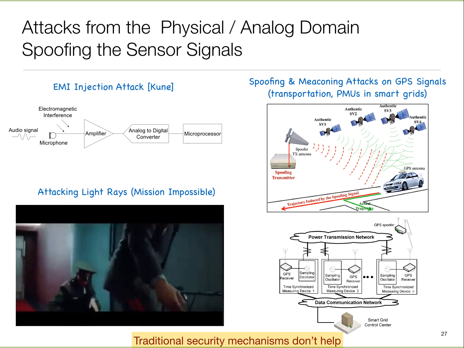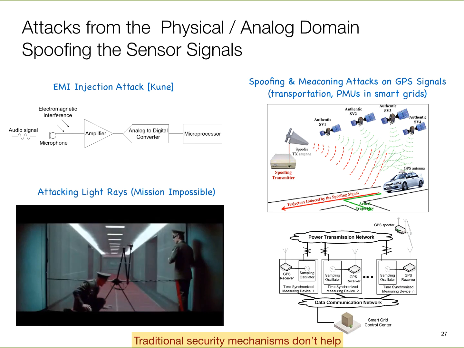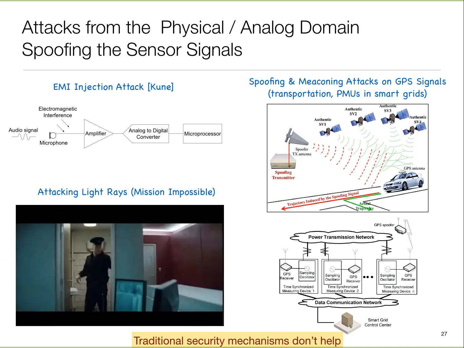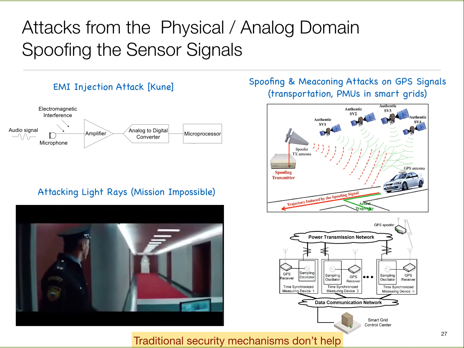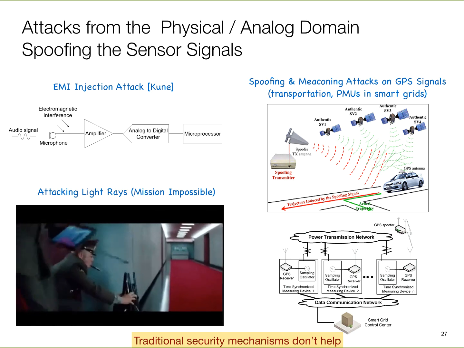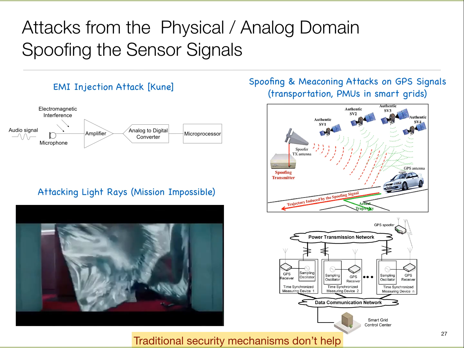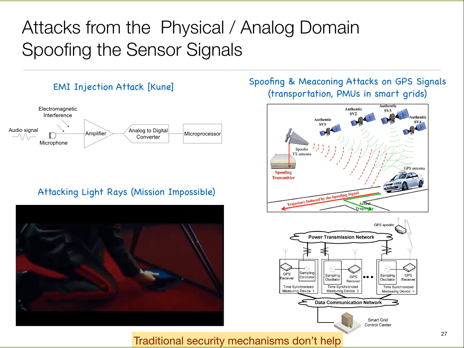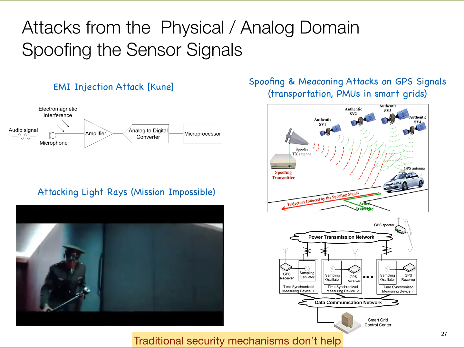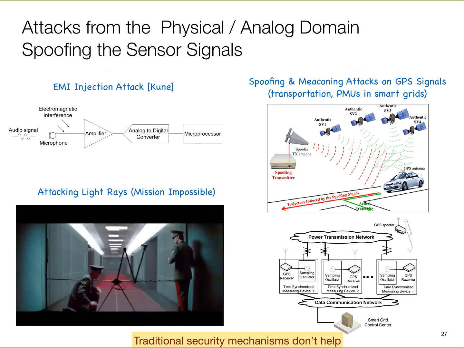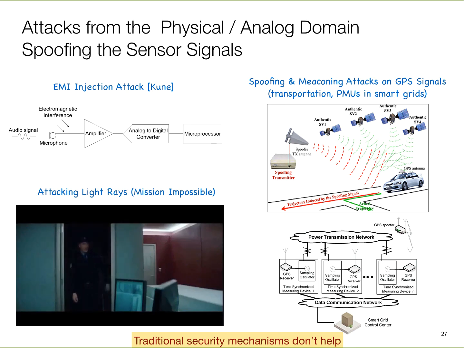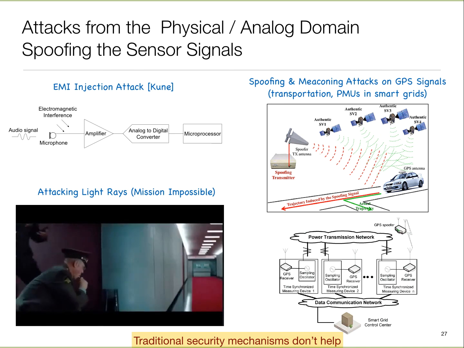another type of example where we inject analog signals. This one is out of University of Michigan that I was mentioning. What they do is put in electromagnetic interference. If you look at the hardware, the way these sensors work, typically you would have some sort of a transducer, let's say a microphone.